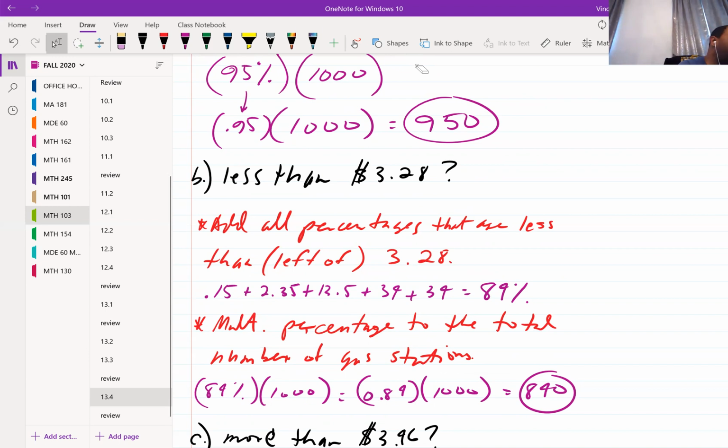That'll be 840 of those gas stations. Any questions?